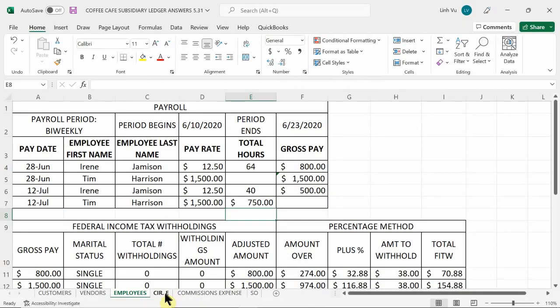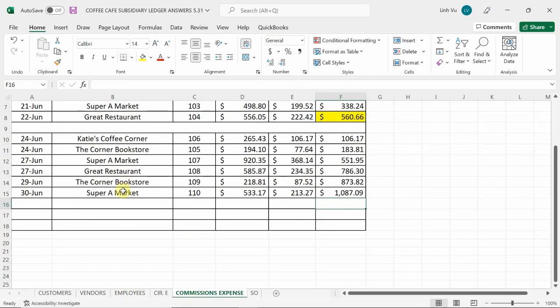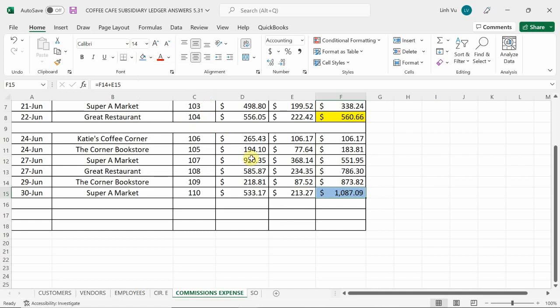We owe him $1,087.09. I'm going to highlight this a different color because this isn't what we're going to pay him, this is just what I am accruing him for.